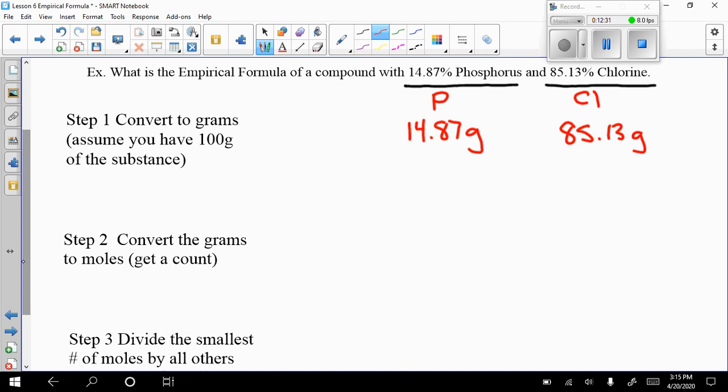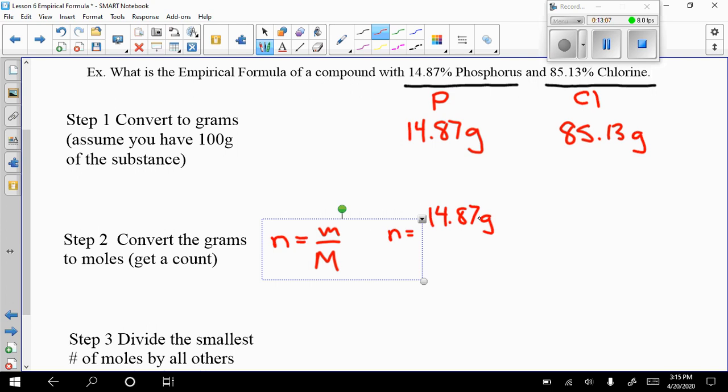Step number two is to convert from grams to moles. Basically, an empirical formula is a count of the atoms within the formula. It's a count, and so I've got to change my mass into a count. We do that using our little conversion where n is equal to little m over big M. For the first one, my sample mass of phosphorus is 14.87.